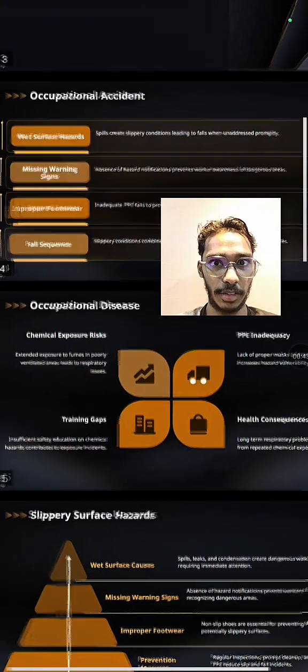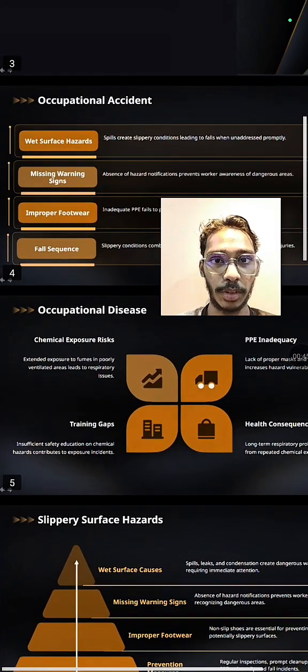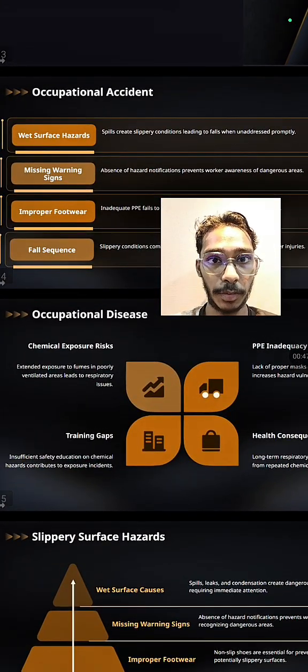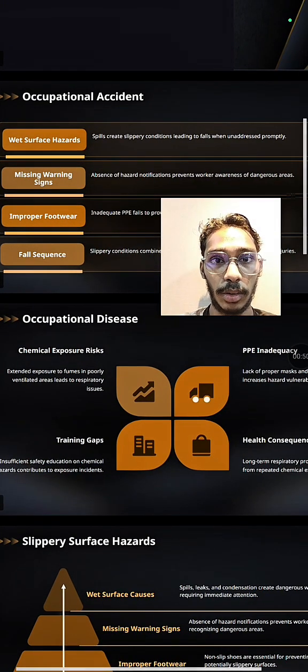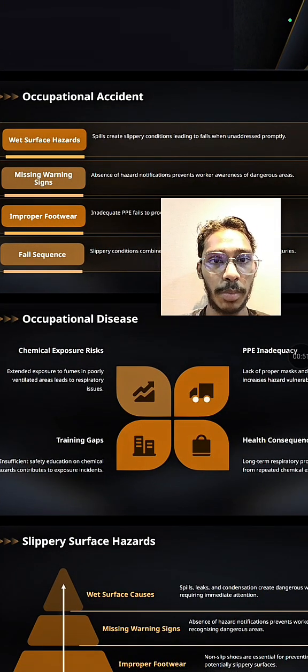Occupational accidents. There are four key factors to it. Those are wet surface hazards, which basically means slippery floors, the condition that might cause you to trip isn't addressed properly. The second one is missing warning signs, meaning there are no warning signs placed whatsoever, which could lead to possible hazard outcomes.